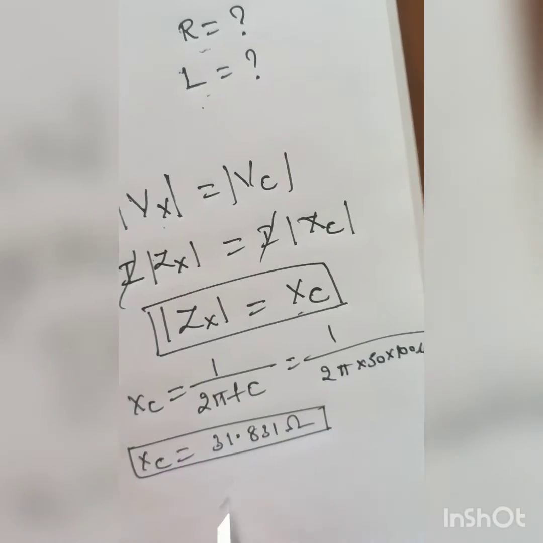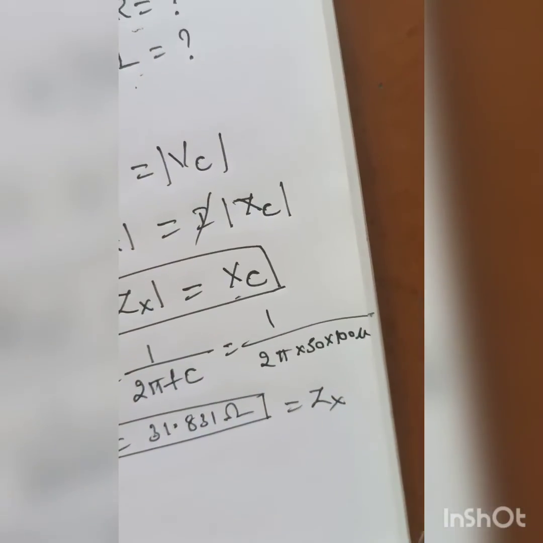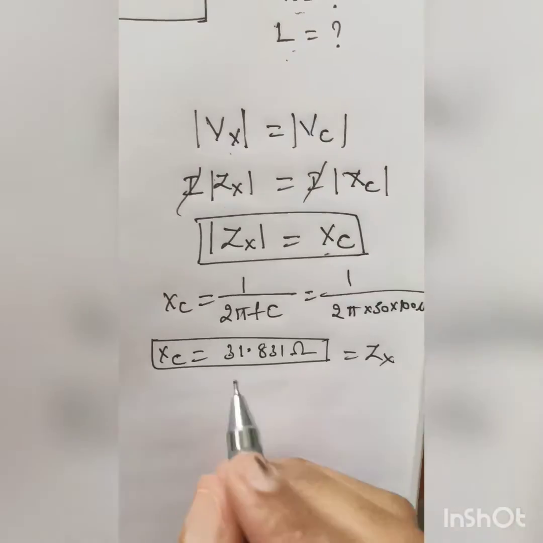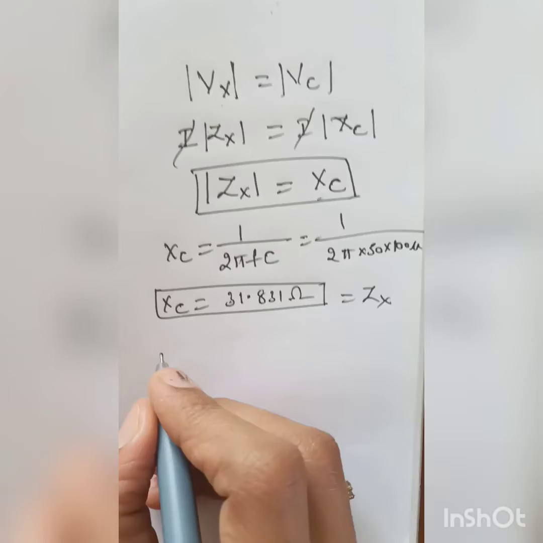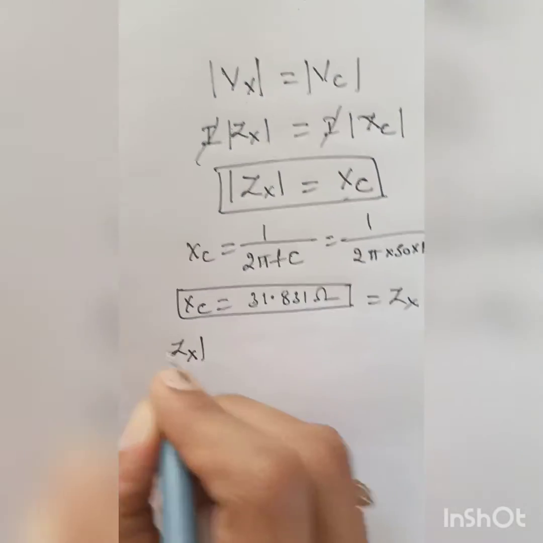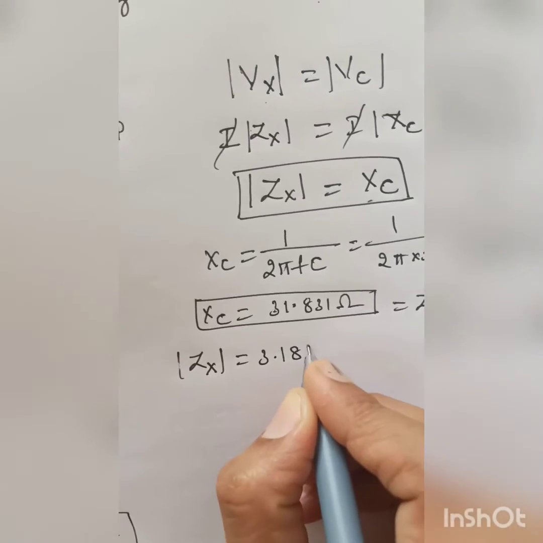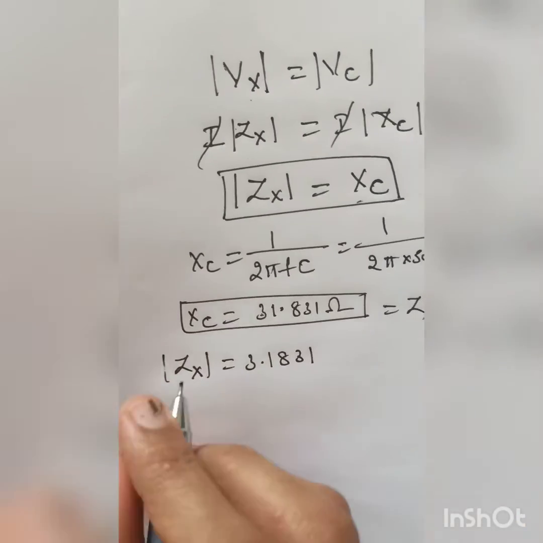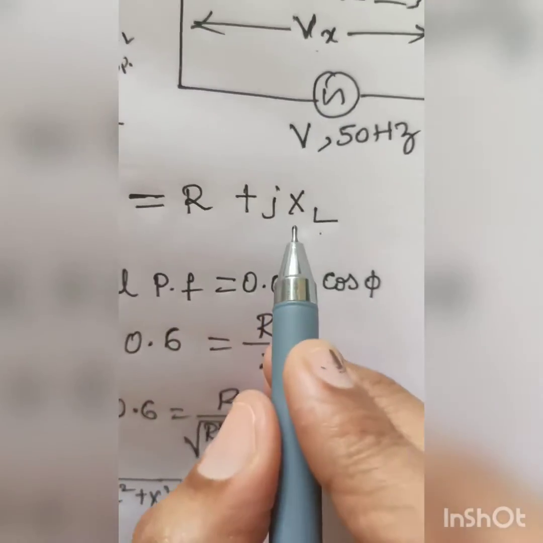So Xc is equal to Zx. The magnitude of Zx can be written as 31.831. Therefore, here we have a value of Zx.